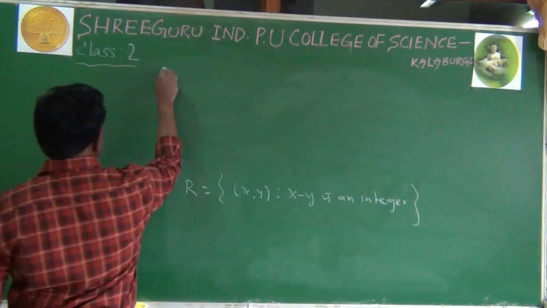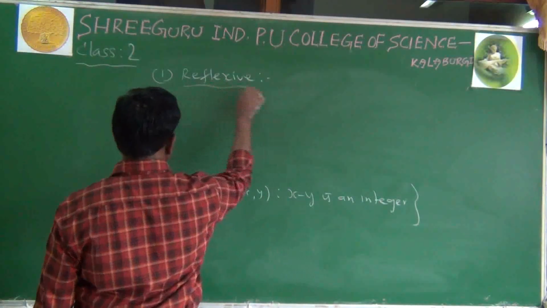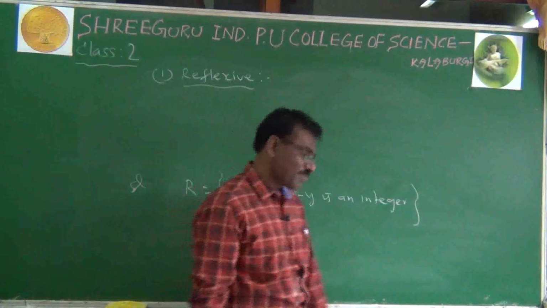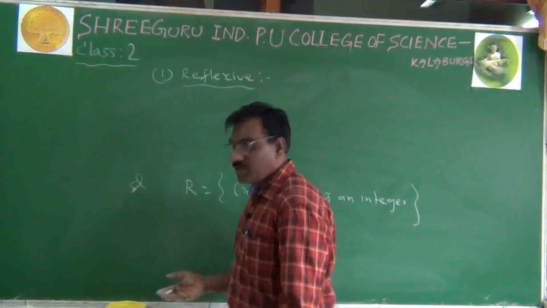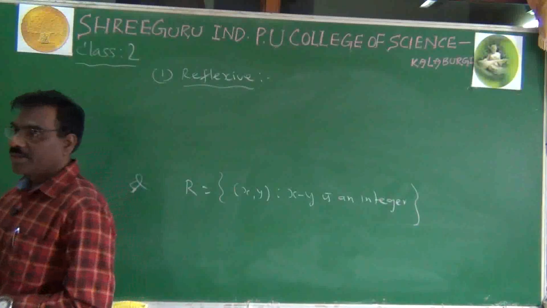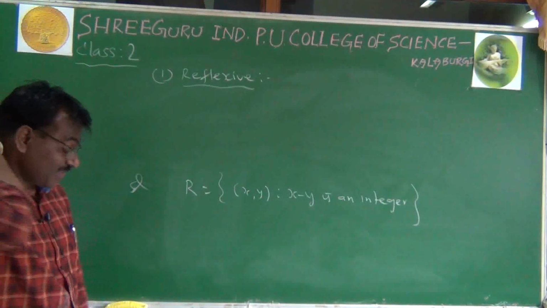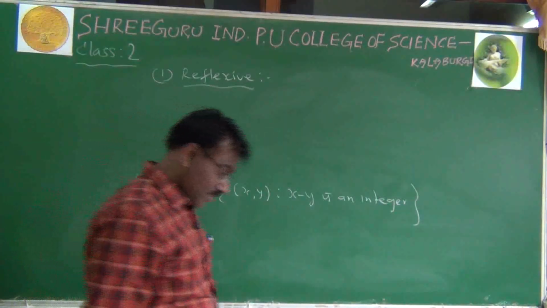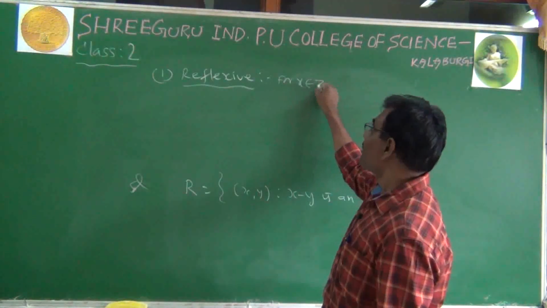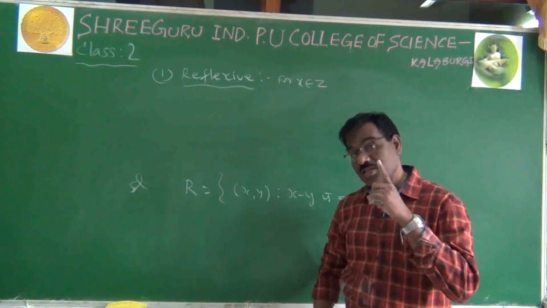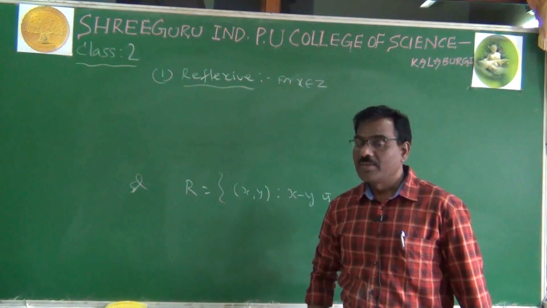What is the first one? The reflexive. What is reflexive? Very important. Here the set of integers is given. Elements belong to Z, ordered pair belongs to R. So how to start the equivalence relation? Very important. For X belongs to Z, and most students take X belongs to R, but here the set is Z only.